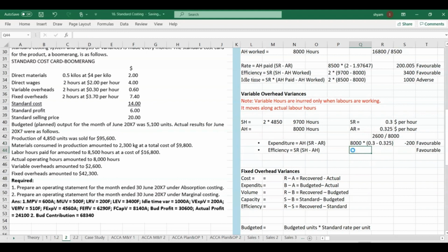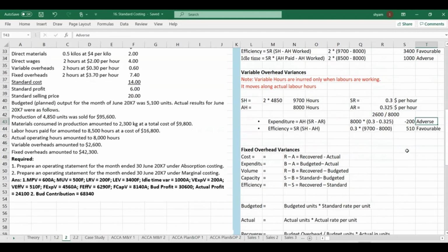So efficiency variance is standard rate, which is 0.3, into standard hours 9700 minus 8000. Okay, so this is favorable, but this is adverse. That's our variable overhead variance.